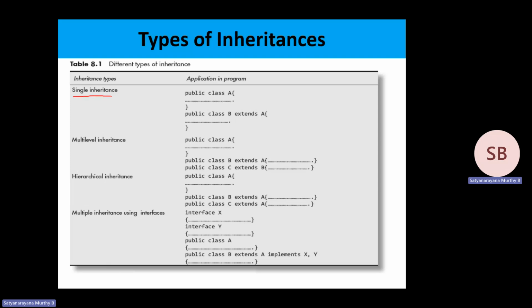So this is the implementation of single inheritance, that is class A, and then class B extends A. Next, this is the multi-level inheritance, that is class A, and B extends A, and C extends B. Okay. Next, this is the hierarchical inheritance. So public class A, and then B extends A, and C extends A. So this is what we have seen just now. Okay.